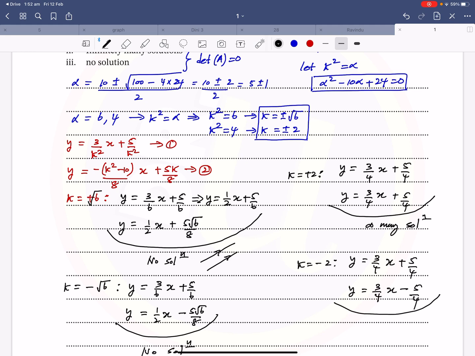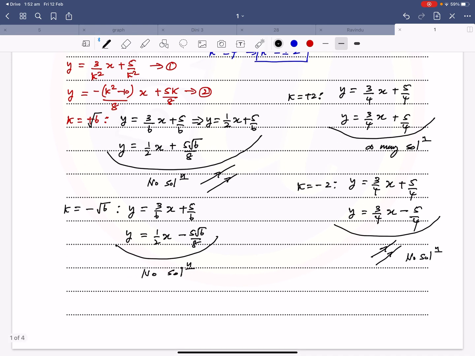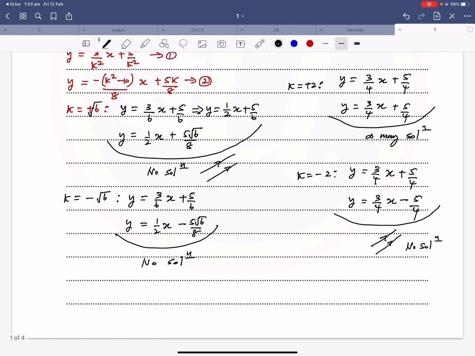Now we can see they're parallel to each other because the intercepts are different, plus 5 divided by 4 and minus 5 divided by 4. So this is another condition for no solution. There are three k values related to no solution and one value with infinitely many solutions.